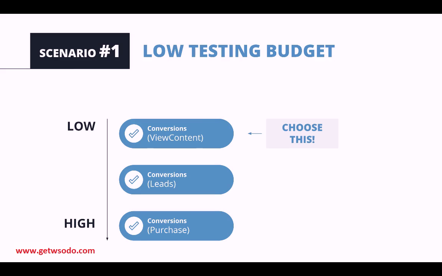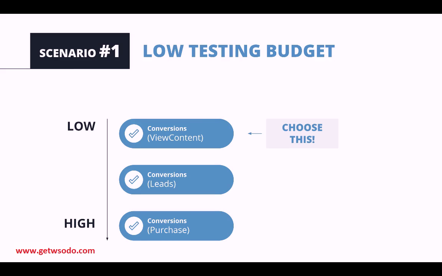Well, you're not going to get many $30 sales just from a $10 budget, but you might get a few dozen view content, people clicking on the ad and going to the landing page. You might get a few dozen people to do that with $10. So it's better to optimize for something earlier on in the funnel if you have a lower budget.